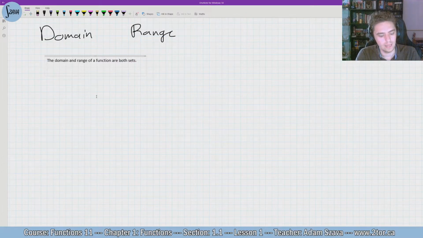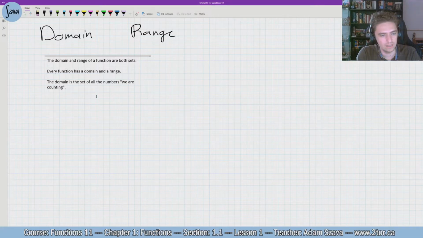Every function has a domain and a range. What are they? The domain is the set of all the numbers we are counting.